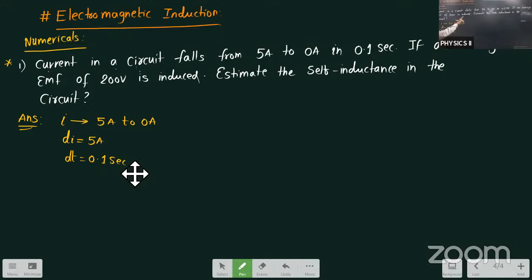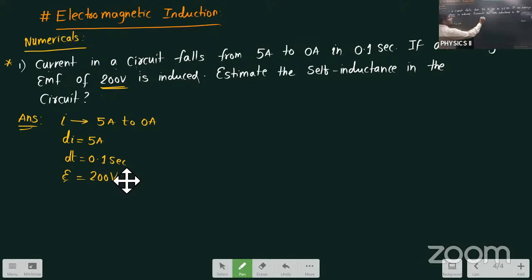Next, what has he given? An average EMF E of 200 volts is induced whenever the current changes from 5 amperes to 0 amperes in 0.1 second.